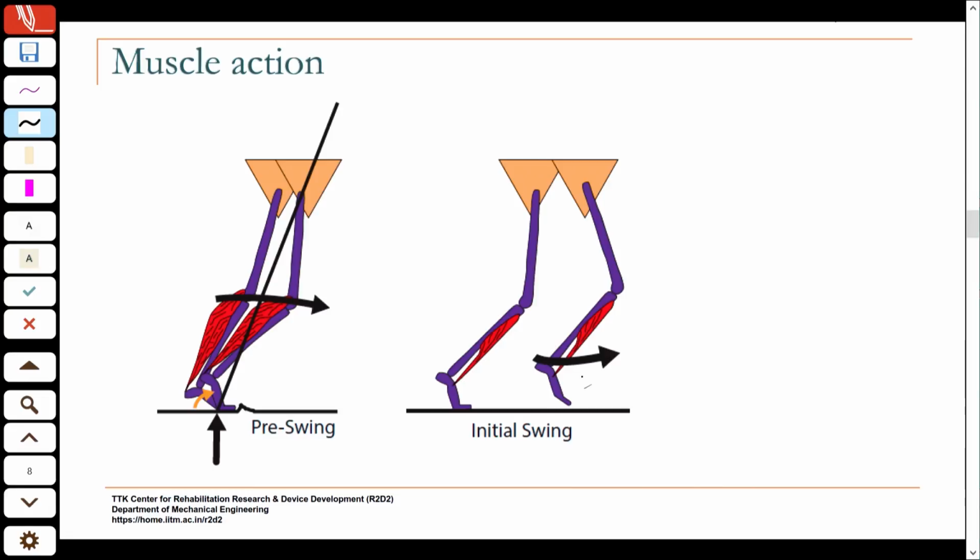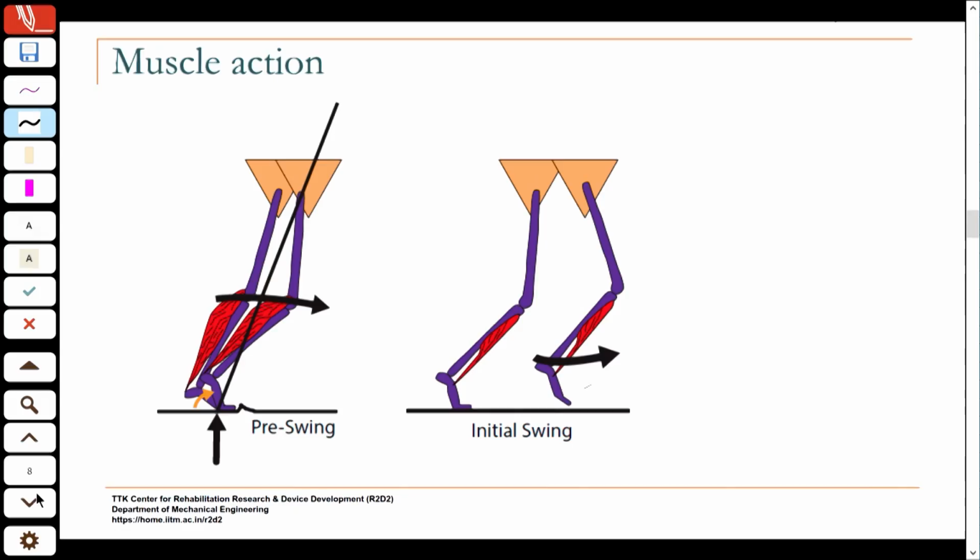Okay. And then as it swings forward, if you are still in that plantar flexed state, you are going to stub your toe and fall. Okay. So, to enable that foot clearance, now the tibialis anterior dorsiflexes the foot.